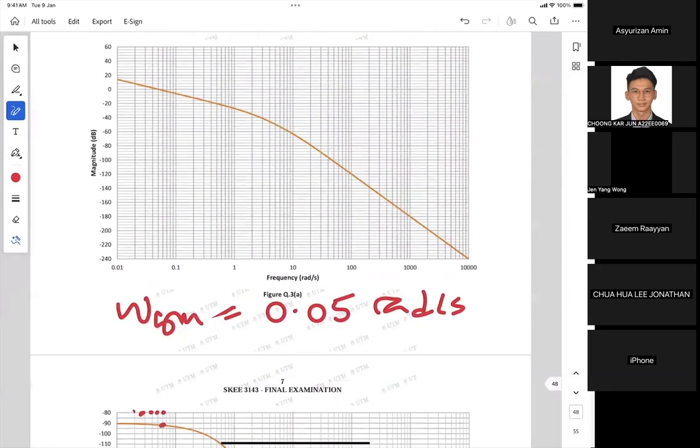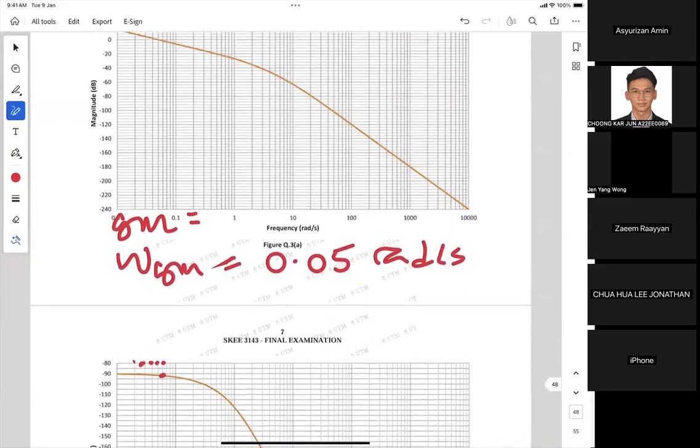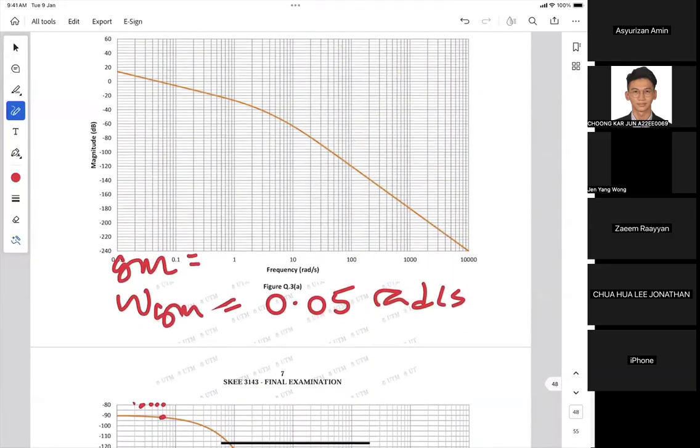Again, gain margin. Chua? And 48. 4.5. 4.5. 48. 40. 48. 48. Okay.